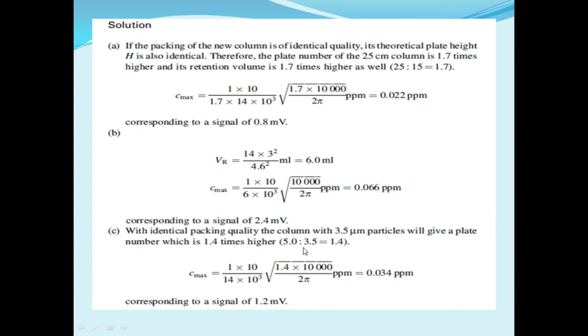Therefore 5.0 as to 3.5 is equal to 1.4. Therefore Cmax is equal to 1 into 10 upon 14 into 10 raised to 3 root of 1.4.